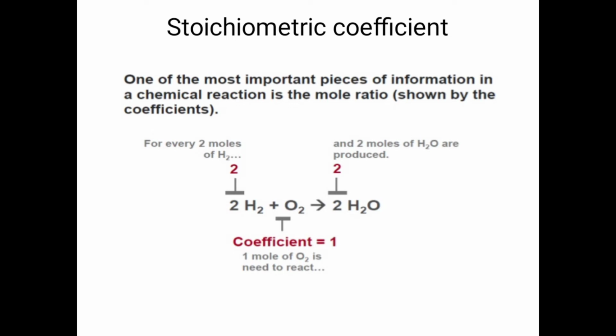Here, for every 2 moles of hydrogen, 2 moles of water are produced. The coefficient of oxygen equals 1, the coefficient of hydrogen equals 2, and the coefficient of water is also 2. So one of the most important pieces of information in a chemical reaction is the mole ratio shown by the coefficients.